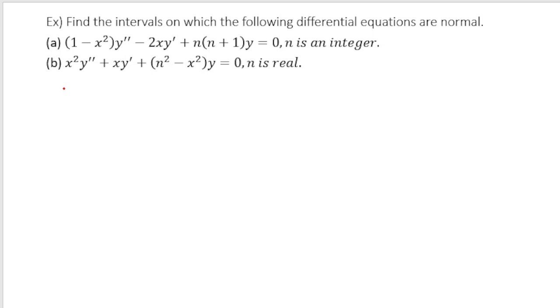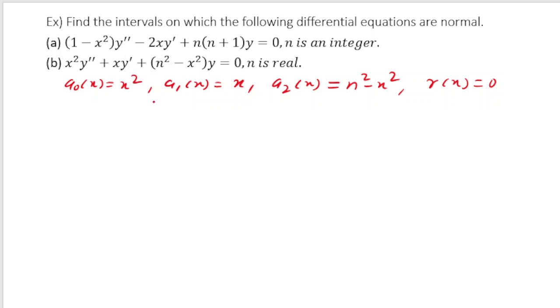If you look at this next problem, you can see what is a naught x? A naught x is x square. What is a1x? A1x is x. And what is a2x? A2x is n square minus x square. And what is rx? So rx is equal to 0. So this is a polynomial continuous in the interval minus infinity to infinity.